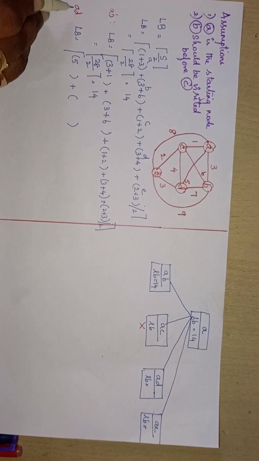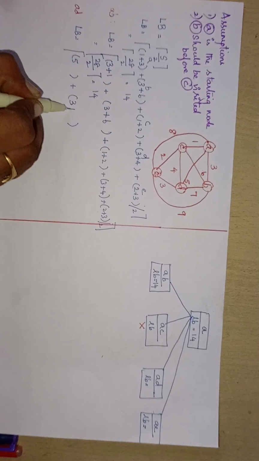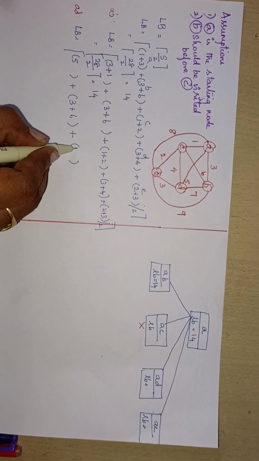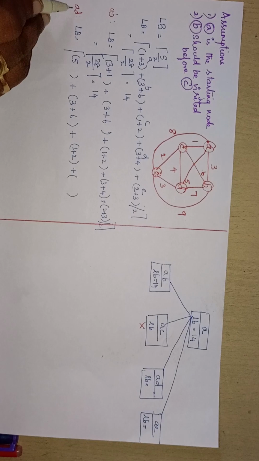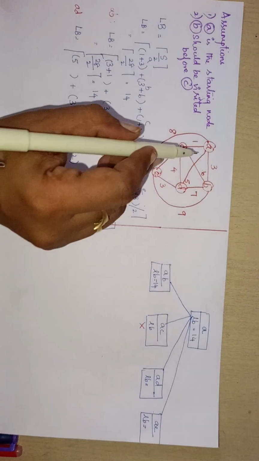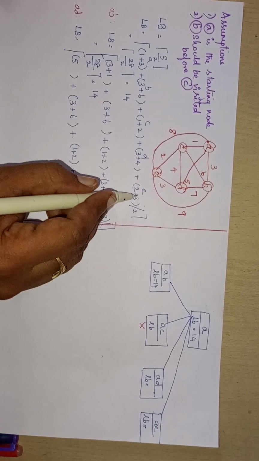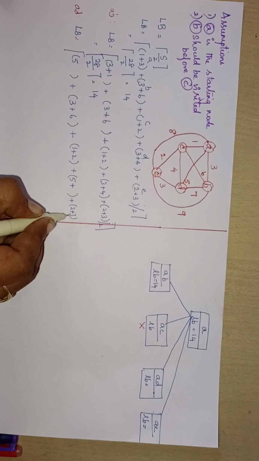B is nowhere related to this edge, so whatever is there will be copied here. C is nowhere related to the edge, so whatever is here will come here. But D is included, so definitely the edge AD should be considered. So it is 5 plus something. And E is nowhere related to this edge, so the same thing, 2 plus 3.